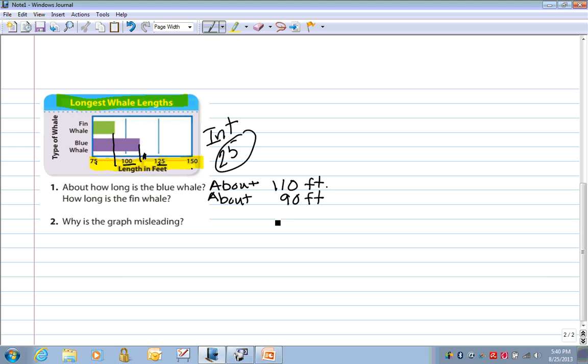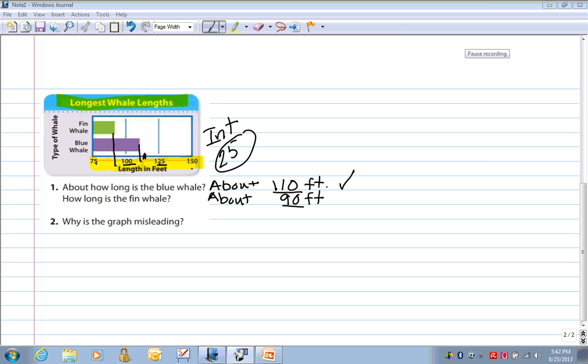But in reality, the blue well is 110 feet, the fin well is 90 feet, and 110 is not twice as much as 90. For that to be twice as much, the blue well would have to be 180 feet. And we could see that the blue well is not 180 feet.